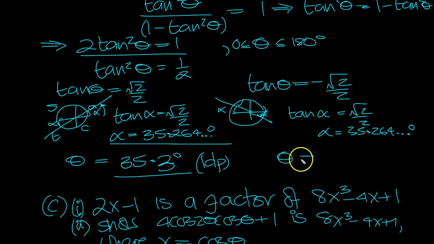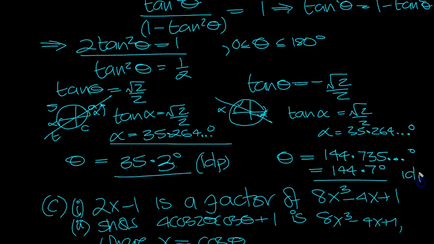So theta here is equal to then, will be around to 180, which is just from 0 to 180 back 35.264, so it's 144.735, which equals 144.7 degrees to 1 dp.